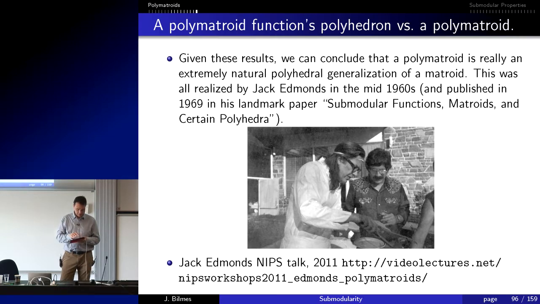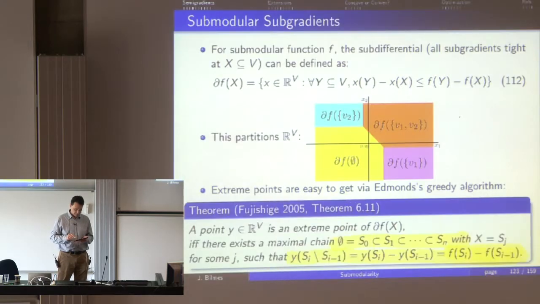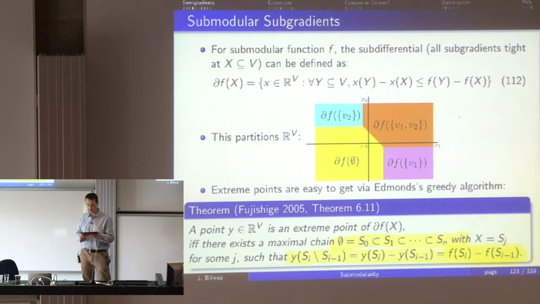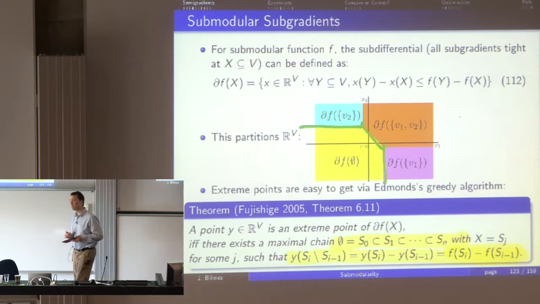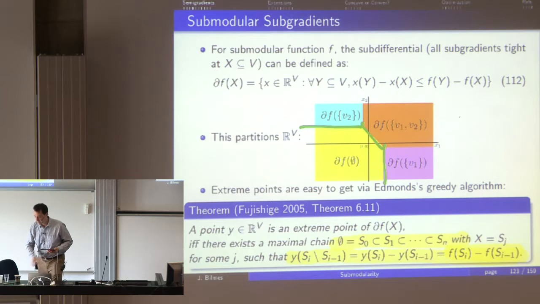All right, so now we're going to move back to where we were. We were talking about these subdifferentials, and you can start seeing now that the subdifferential at 0, which is this one, corresponds to a shifted version of the polymatroidal polytope. And it's shifted based on a modular function.